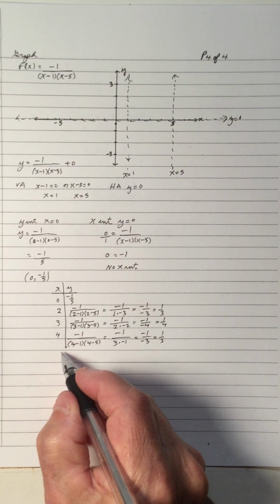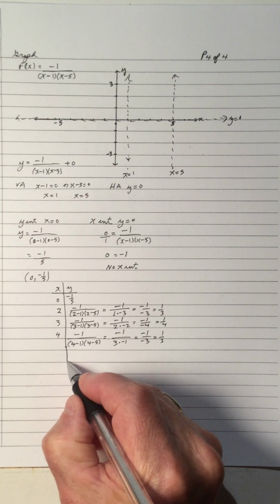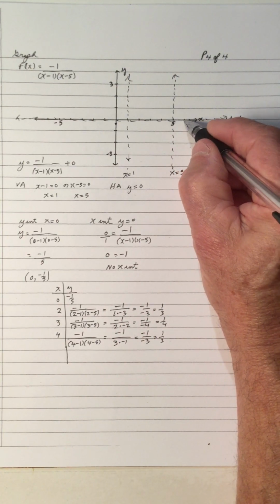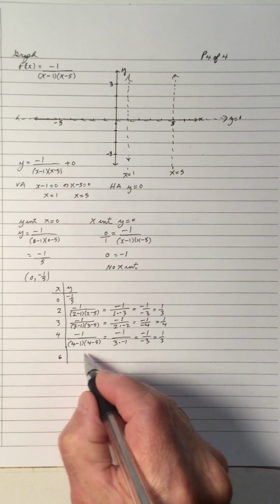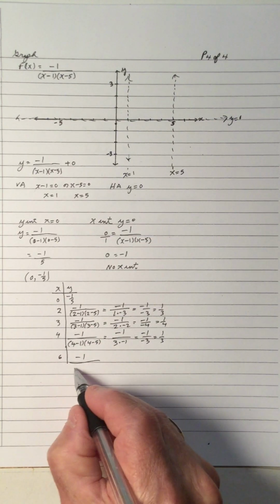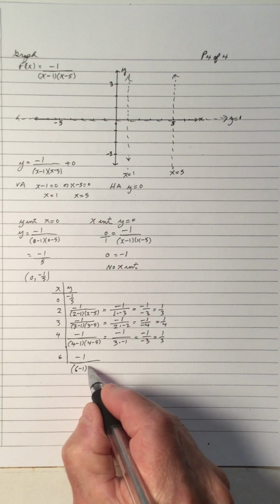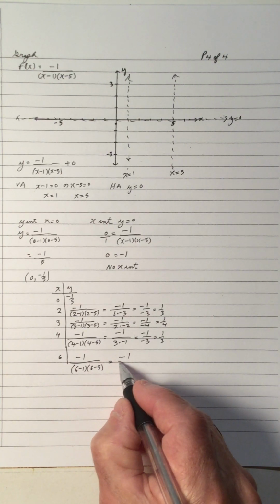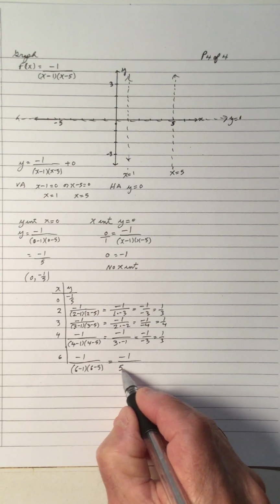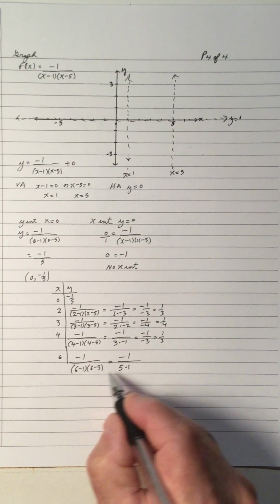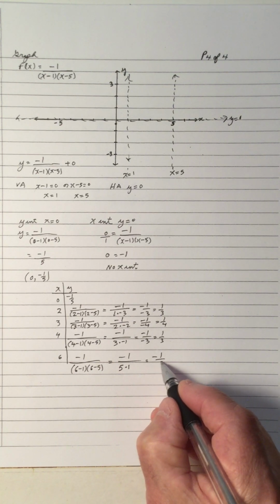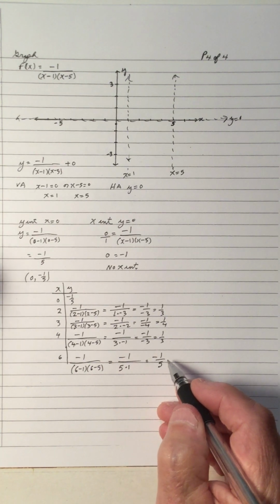We know 5 is going to give us a vertical asymptote, so let's put 6 in. Negative 1 over 6 minus 1, 6 minus 5, that's 5 times 1, so that's negative 1/5. So let's plot all these.